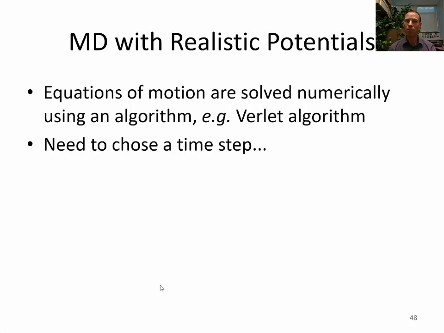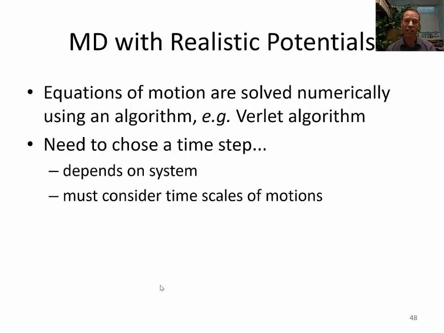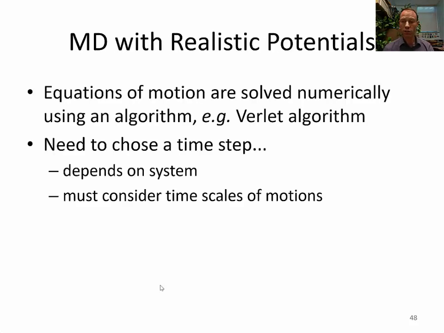But if you make the time step too small, they will have moved too little, and then you're calculating lots of time steps where nothing really happens. So you've got to get a balance. This time step will depend on the system that you're modelling, and the key thing is to consider the time scales of motions. We'll discuss this in the classroom, the time scale of motions of biomolecules.